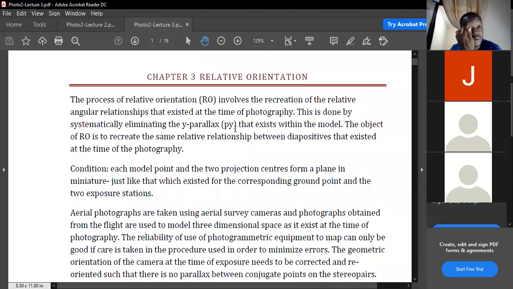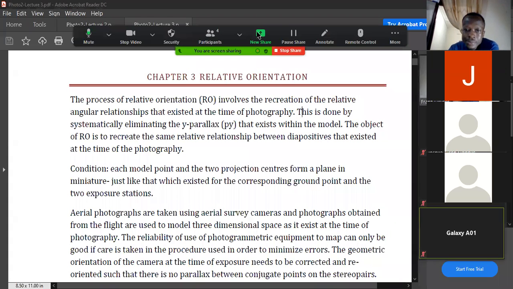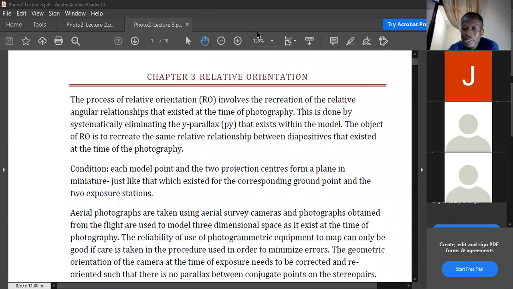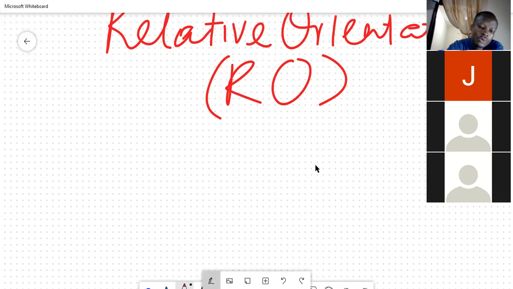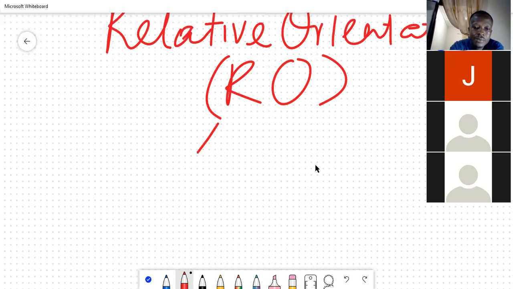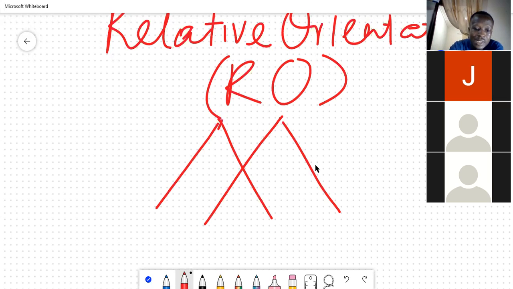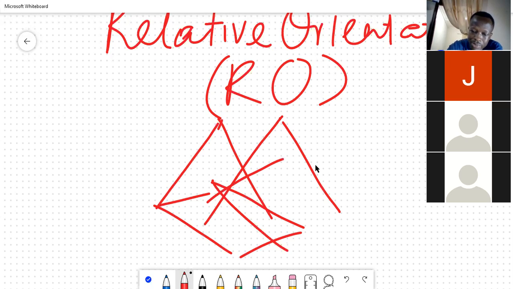So the process of relative orientation involves the recreation of the relative angular relationships that existed at the time of photography. So the bundle of rays that are intersecting, the core objective of relative orientation is to make sure that within that three-dimensional space, I'll try to actually draw something.